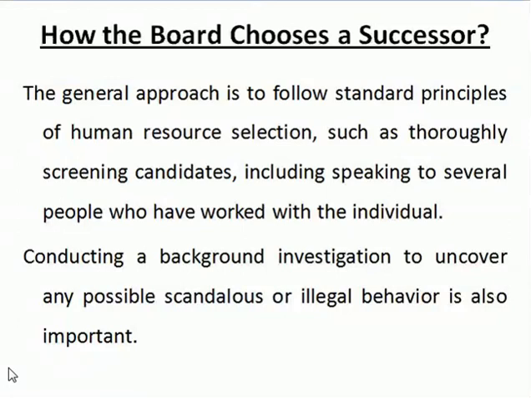And this type of study which people do is to find whether that particular person is a proper successor for future positions. Here we usually find a background investigation which will cover possible scandals he has been into, and any illegal behavior the person has shown in the organization.